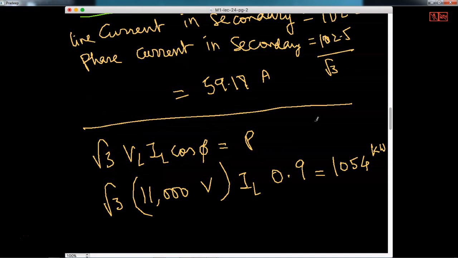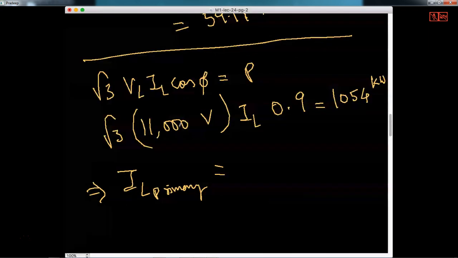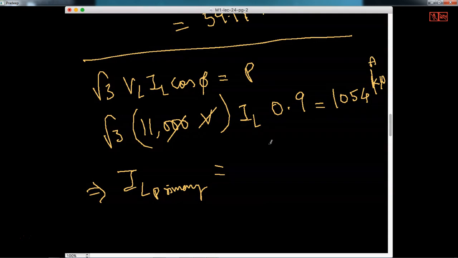This is in the primary. The 3 zeros and kilo will cancel out here. Volts and watts will give amperes. And then I have 1054 divided by 0.9 divided by 1.732.